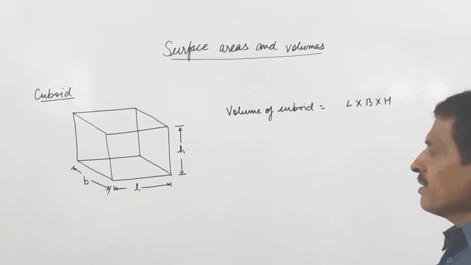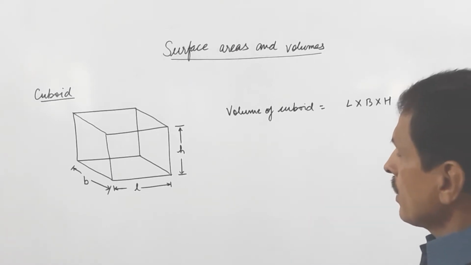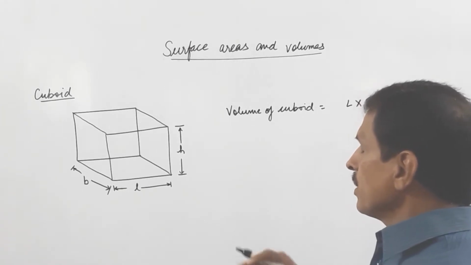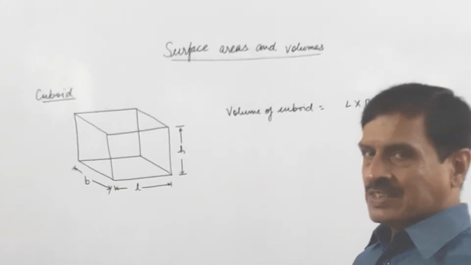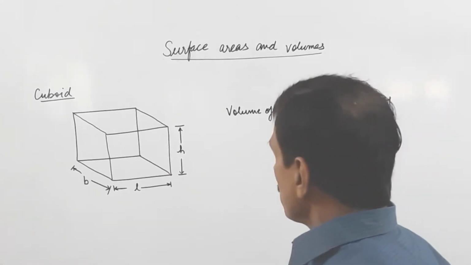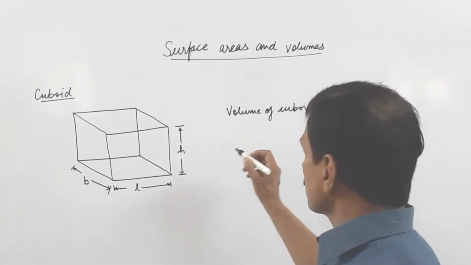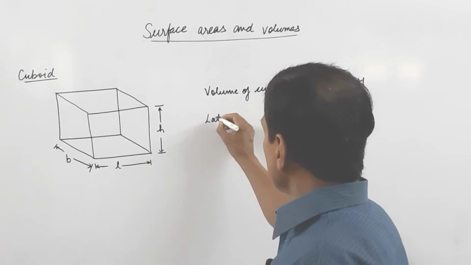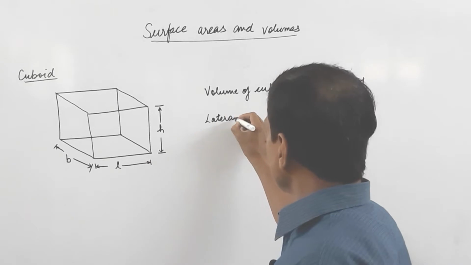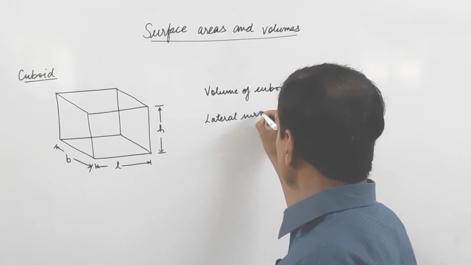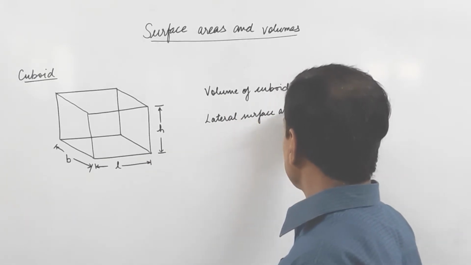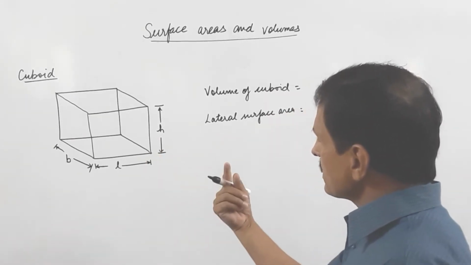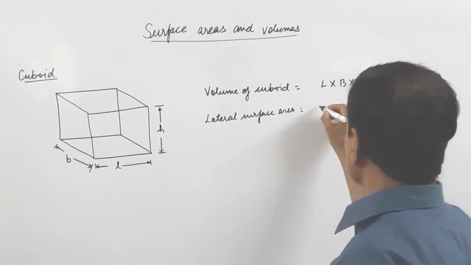A cuboid is having the lateral surfaces as well as horizontal surfaces. Lateral surfaces include the height. Lateral surface area is equal to perimeter of the base into height.